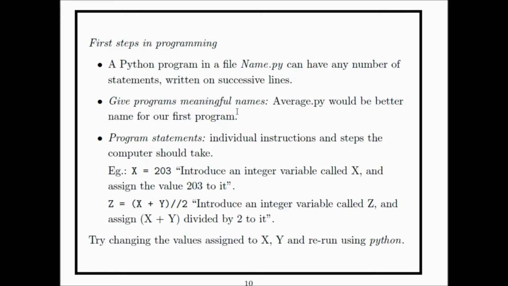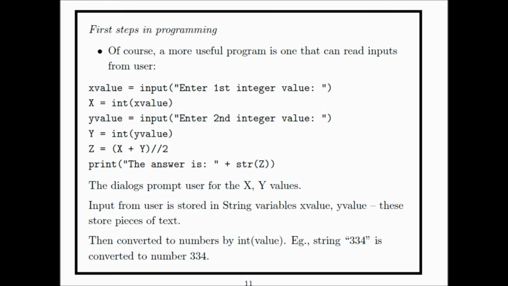So try changing those values. Look at this Python program and try editing it and rerunning it and see if the behavior is what you expect. Now, of course, a more useful program is one that actually reads inputs from a user and allows you to change the values on each run.